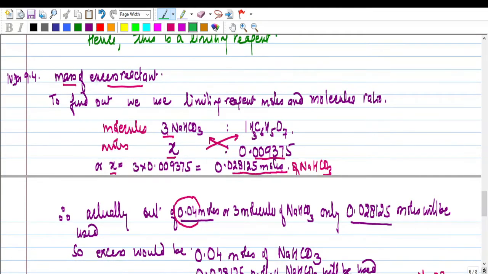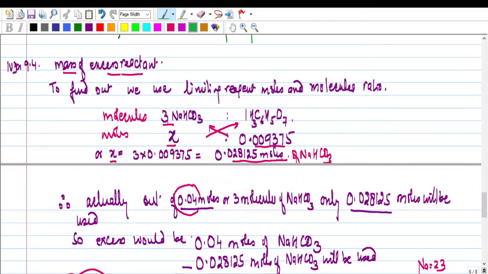Now the fourth question says calculate the mass of the excess reactant. So which one is excess? It is sodium bicarbonate which is excess. Now we calculate through limiting reagent, because we know this is in limited amount. So 3 molecules of sodium bicarbonate, 1 molecule of acid. Here we place the value x, and here we use the actual amount which we have.